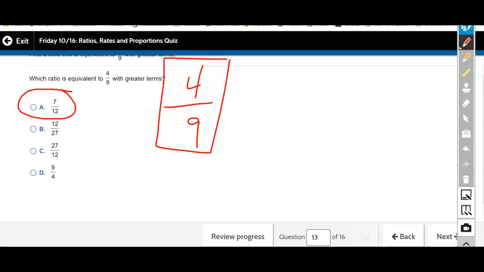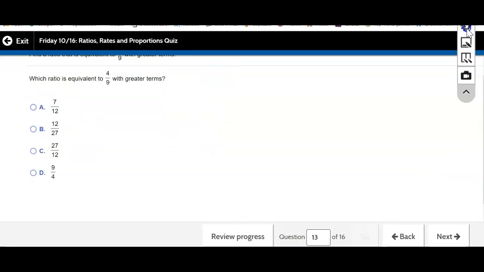Does 7/12 simplify down to 4/9? No. 12 over 27. So punch that in: 12, AB over C, 27. That does simplify down to 4/9. What about 27 over 12? I don't even have to punch that in. It's improper. 4/9 is not improper. So you should know immediately these two won't be. So my answer is just B. You remember that now, don't you?